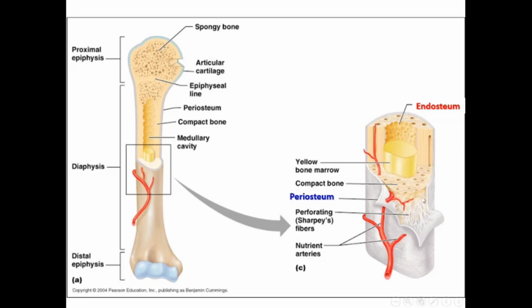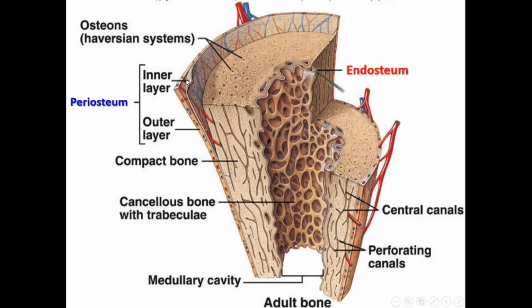Let's magnify the periosteum. Here you can see the periosteum has two layers, an inner and an outer layer. The outer layer is rich in collagen fibers, so we can also call it the fibrous layer.